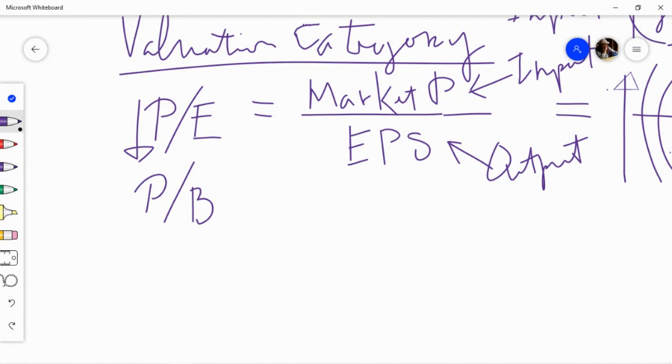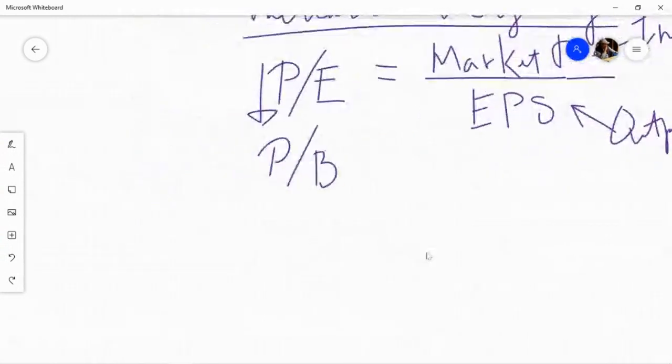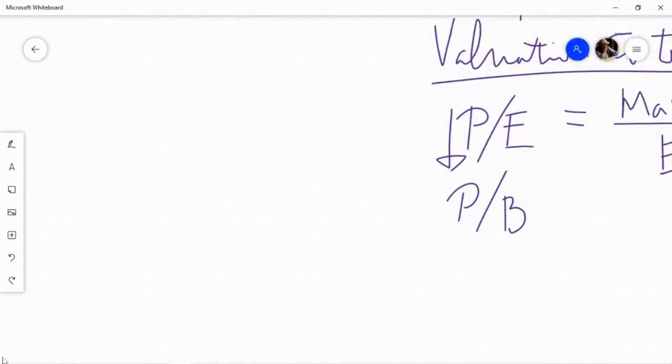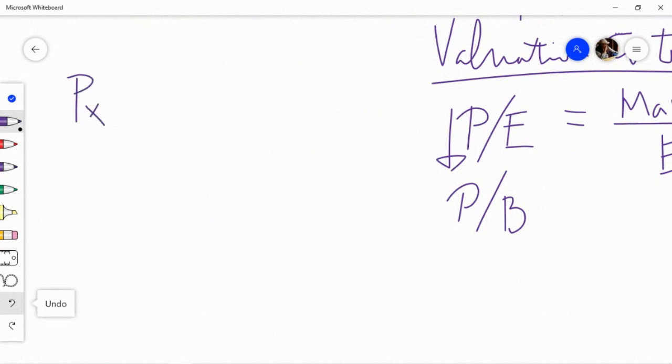You bought a stock for $100. Suppose you have two stocks, stock X and stock Y. The price of stock X and the price of stock Y are both $100.